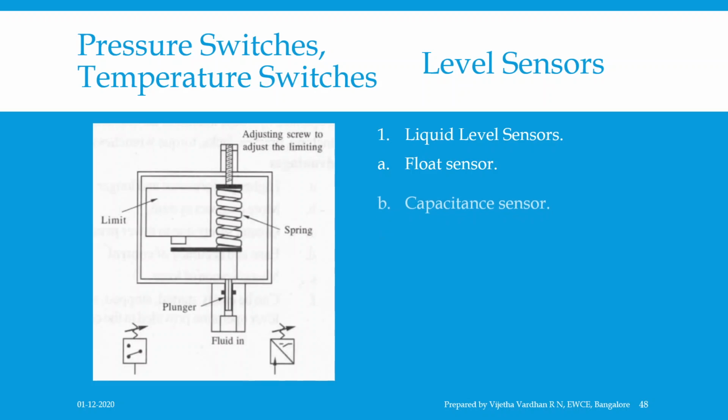The second one we call capacitance sensors. A capacitance sensor converts change in position or properties of dielectric material into an electrical signal, and these properties of a capacitor are used to measure the liquid level in storage tanks.